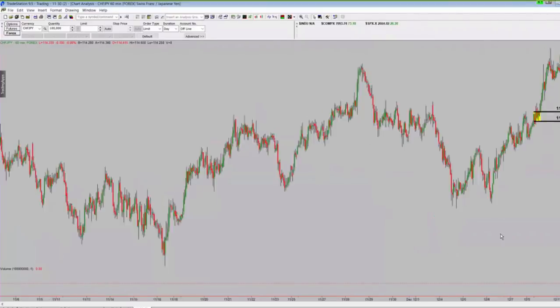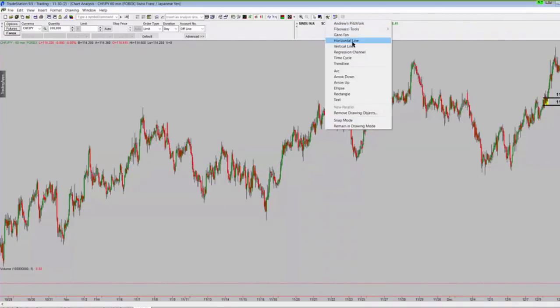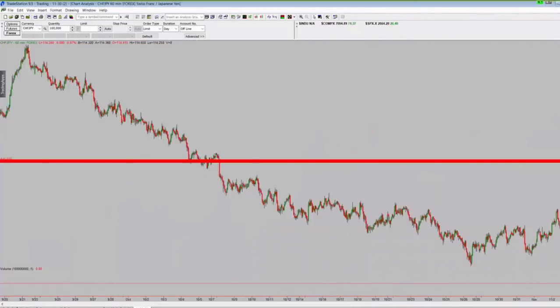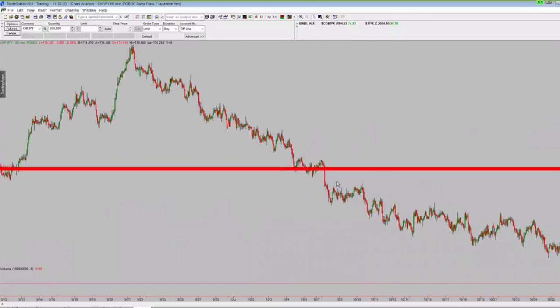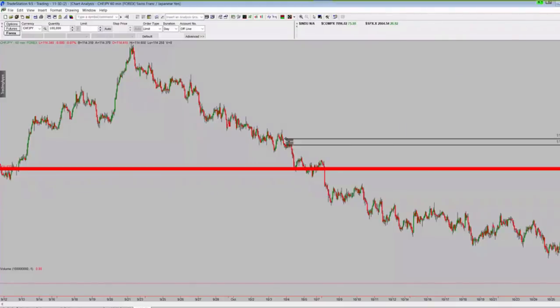Now, let's look left. So I'm just going to put a horizontal line in here. The only reason I'm going to do that is so we know exactly where we're at and we don't make a mistake when we look left as far as finding supply. So there we go. Now I know I need to look above this line to find a supply zone. We have that right here.